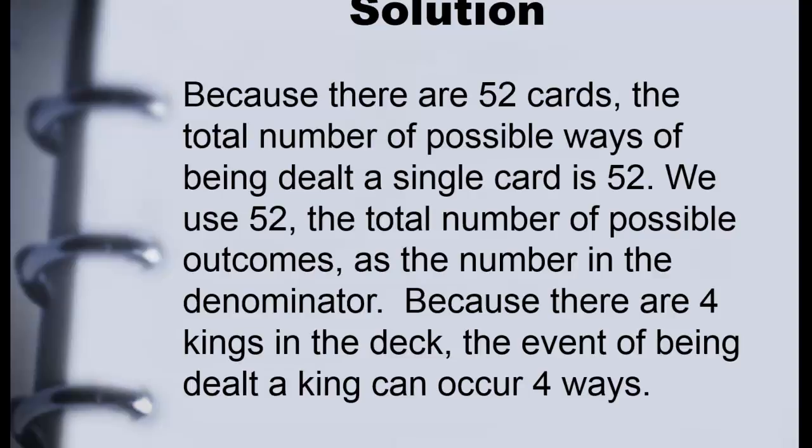Because there are 52 cards, the total number of possible ways of being dealt a single card is 52. We use 52, the total number of possible outcomes, as the number in the denominator. Because there are 4 kings in the deck, the event of being dealt a king can occur 4 ways. Therefore, P of king equals 4 over 52, which gives us 1 over 13. And here again, that's between 0 and 1.